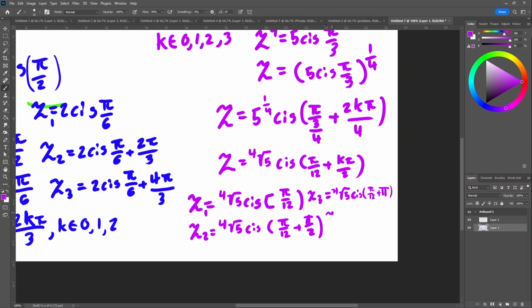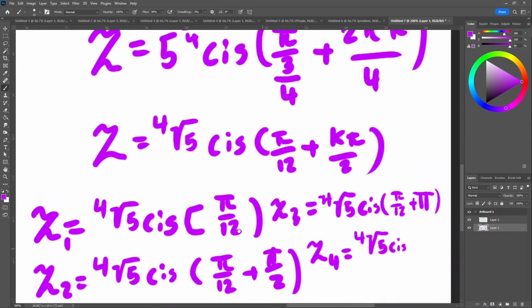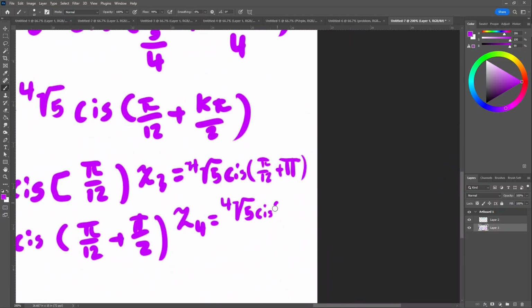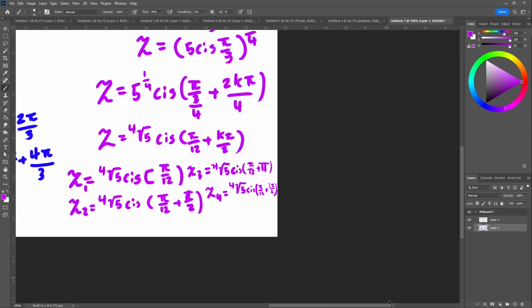What the heck? z to the fourth, that would get you this answer. Oh my lord. I had no space. Pi over 12 plus 3 pi over 2. That would be your last solution.